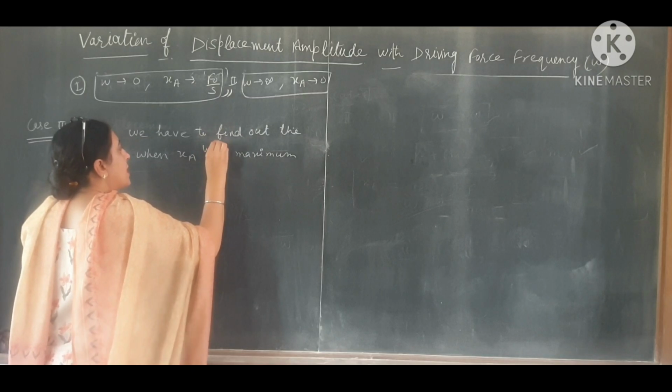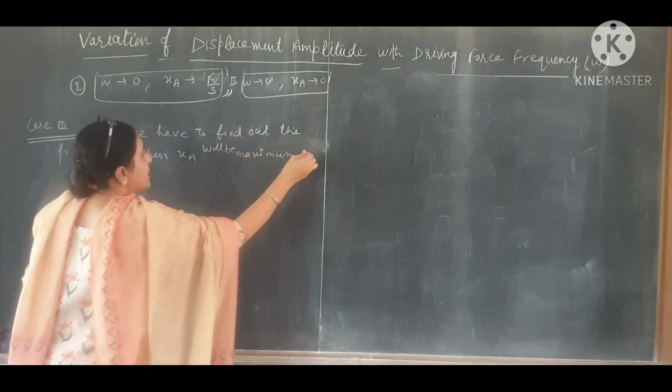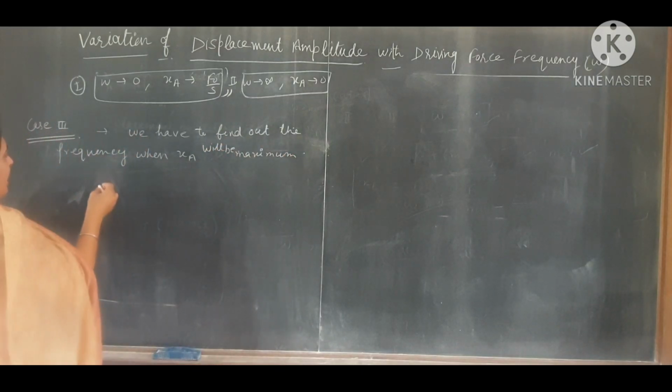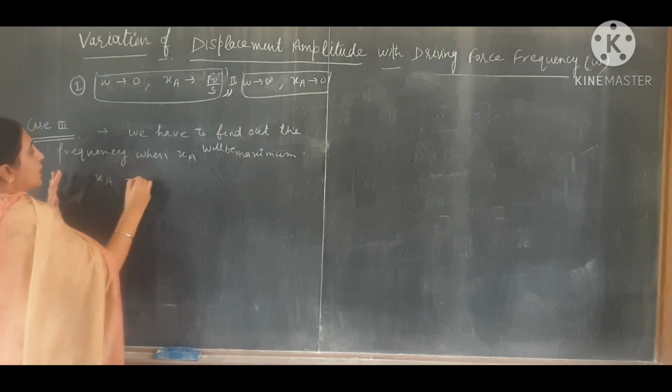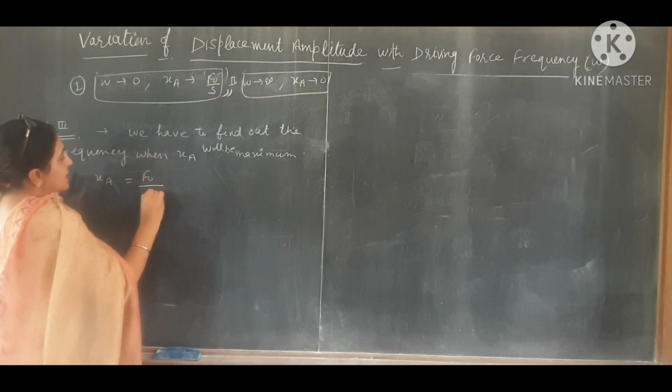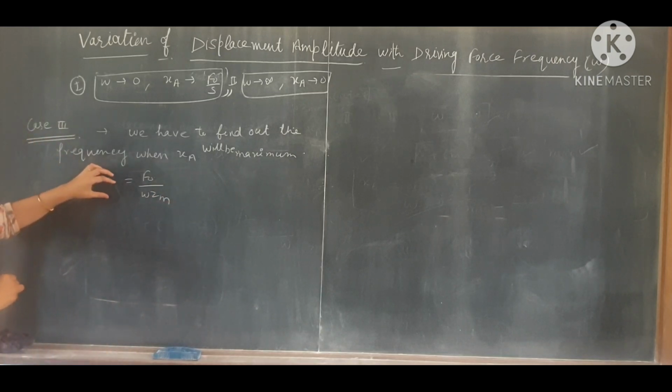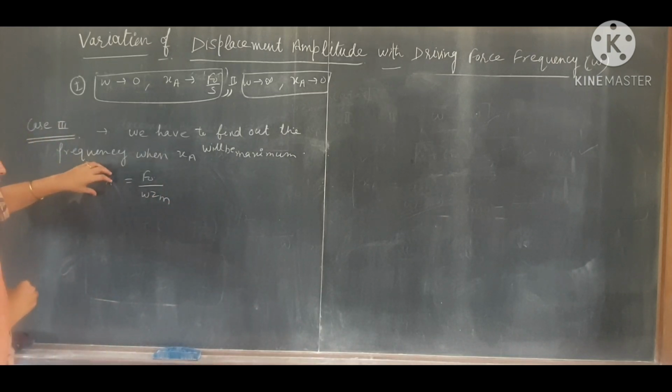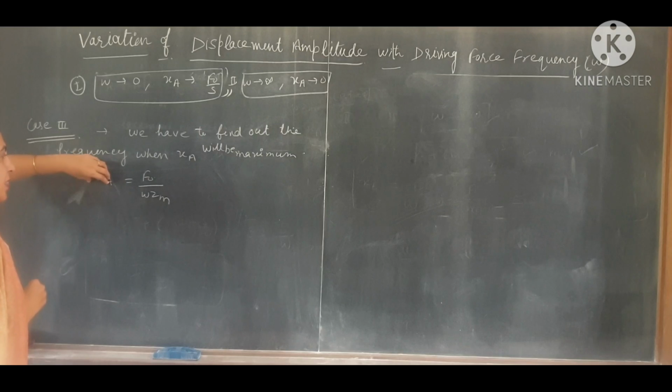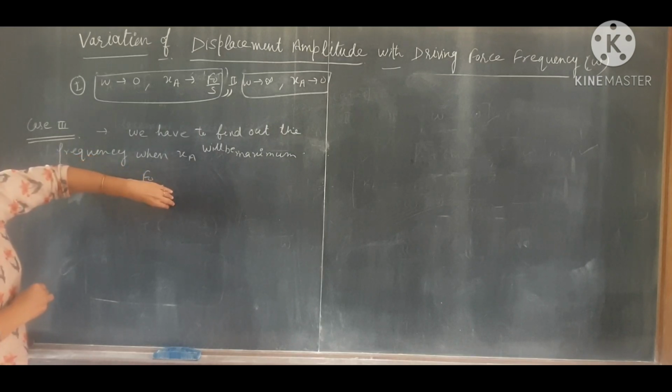Where is it maximum? Because we have xa is equal to f naught over omega Zm. xa will be maximum when this omega Zm will be minimum.